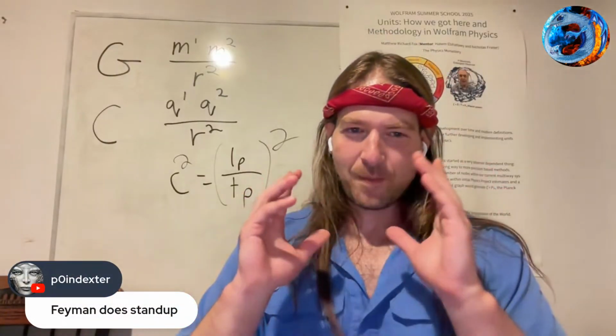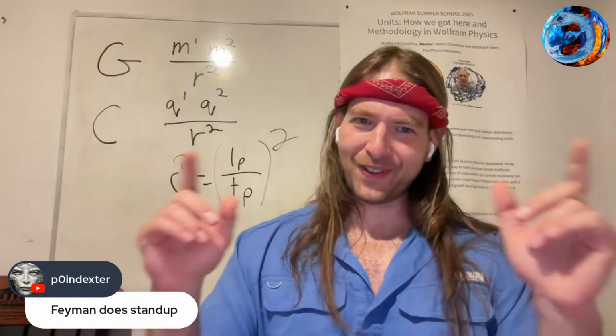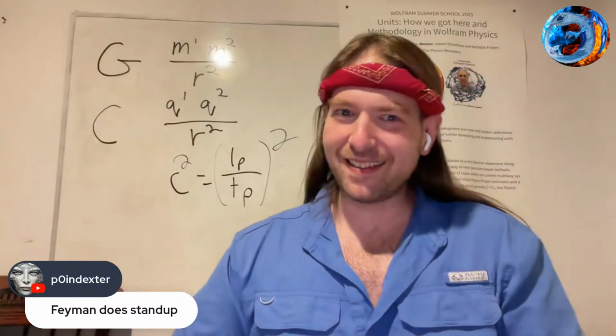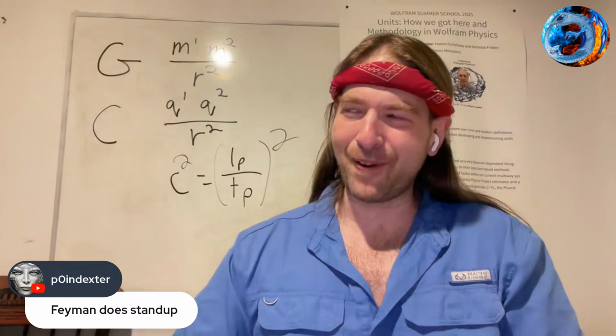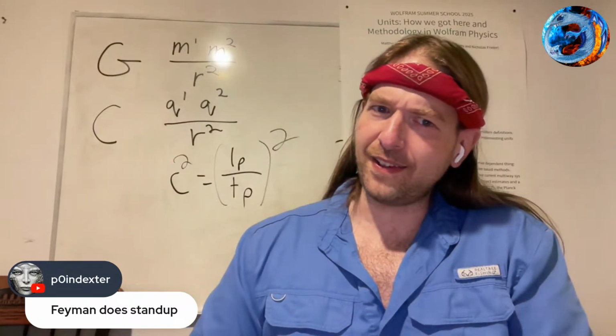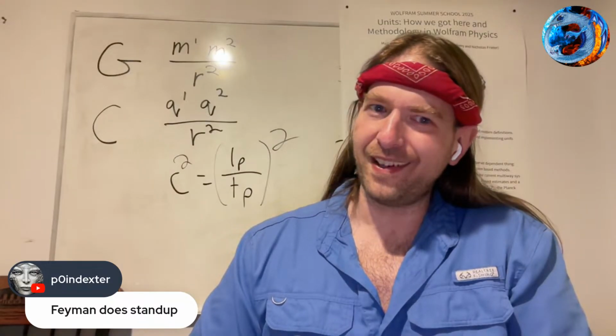Here's the thing, Poindexter. When I first heard that lecture, that was one of the first lectures I heard of Dick Feynman. When you listen to that beginning and he starts coming out, it literally does sound like stand-up. I was just like, is this what Roger Williams would have been like if he became a physicist?